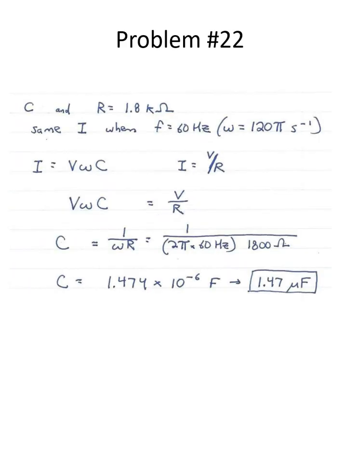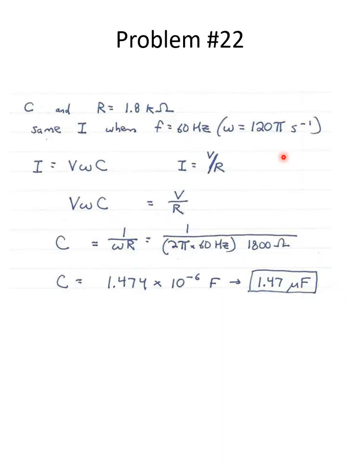Problem number 22. A capacitor and a 1.8 kilo ohm resistor pass the same current when connected across 60 hertz power. Find the capacitance. All right, so when we have a capacitor with the AC power, it is current equals V times omega times C. When we have a resistor, current is voltage over resistance.